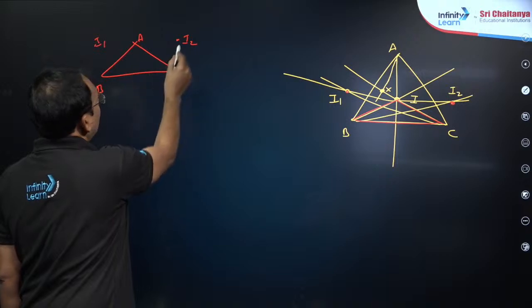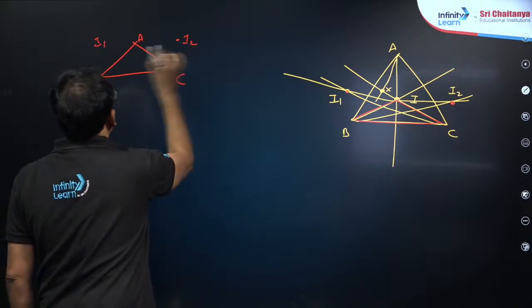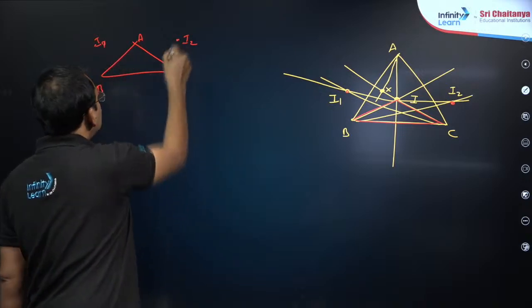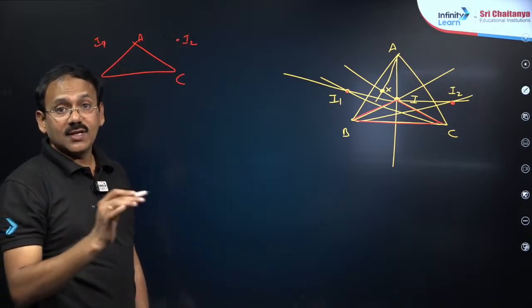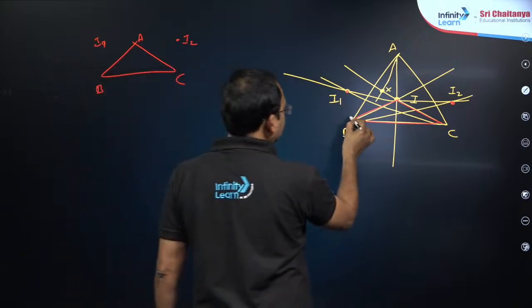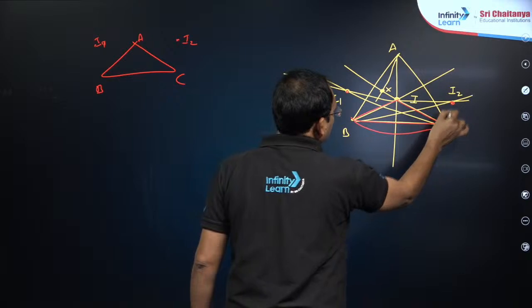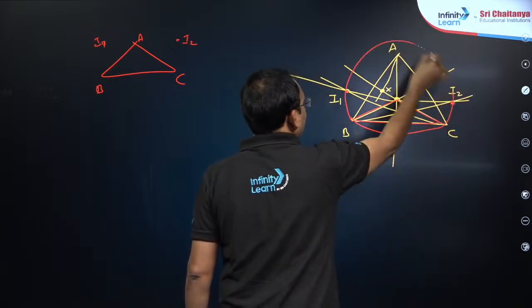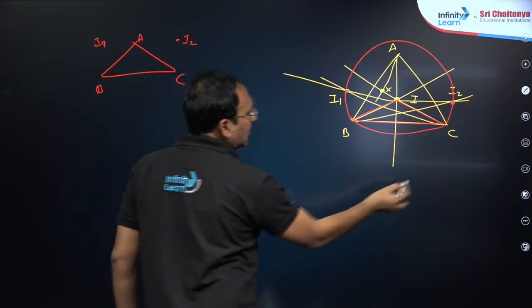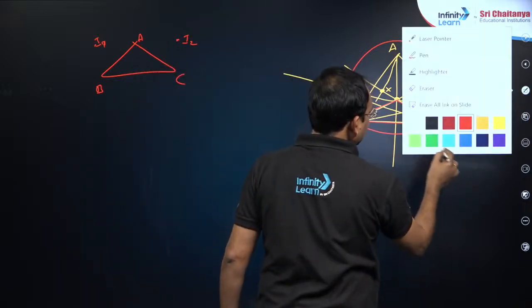So, if you take excenter opposite to B, I2 and I1, these 4 points are concyclic with the diameter I1, I2. So, there exists a circle passing through these 4 points, my dear friends. Yes. So, now suppose let me take that circle.